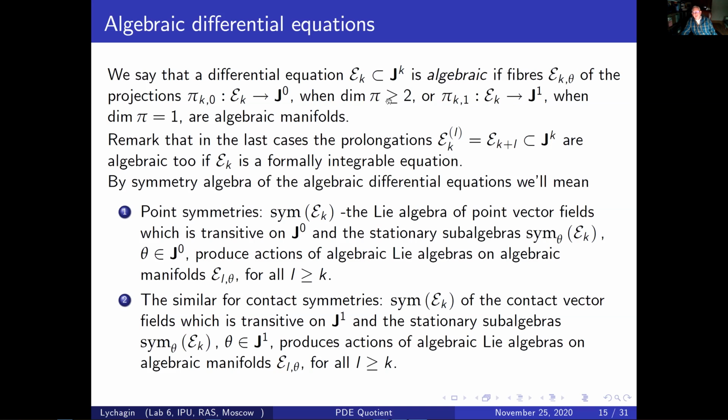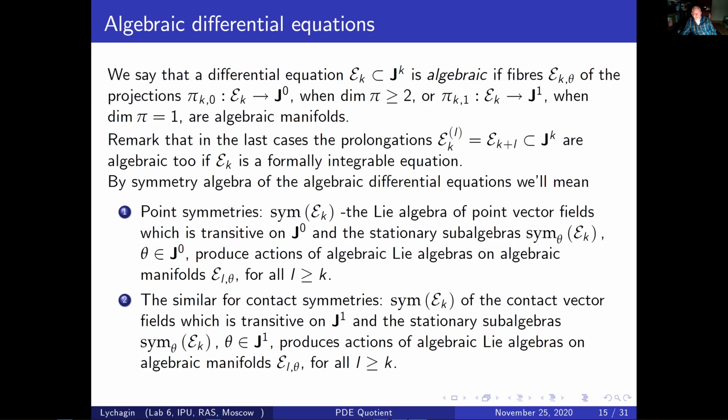The equations should be algebraic in first derivatives, second derivatives and so on, but can be arbitrary on the level of 0-jets. The same for the one-dimensional case, where equations are assumed to be algebraic in second, third, and so on derivatives. This condition is just invariance. It will not change if you make some transformations.